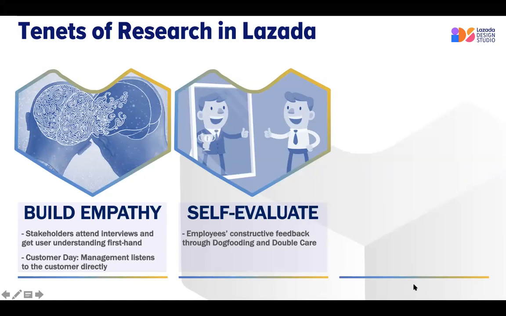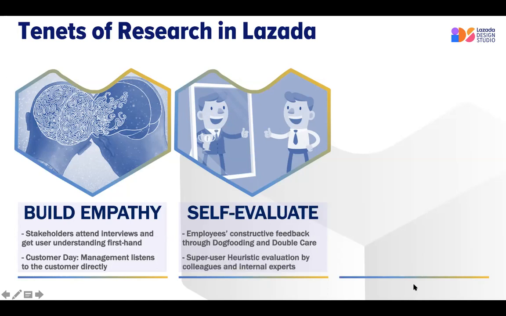Any user, your family, your friends, whoever you know, who has any problem, issue, feedback or suggestion, there is a double care portal right on your app. It's only available for Lazadians, and they can immediately put in what exactly the issue is. There are a lot of FAQs over there, so if you have an issue, you can even solve it instead of them going to the customer care service. You can be their customer care.